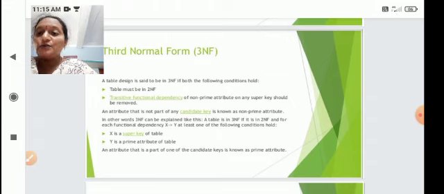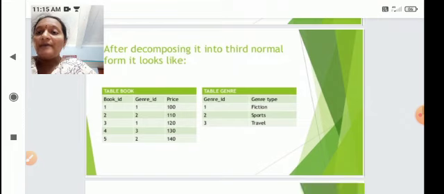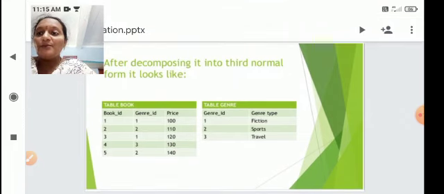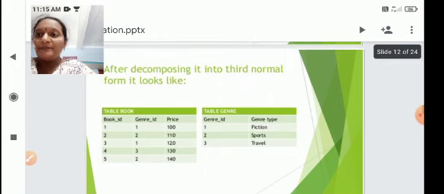X is a super key of the table, or Y is a prime attribute of the table. An attribute that is part of one of the candidate keys is known as a prime attribute. So when we decompose into multiple tables, we have another important note.